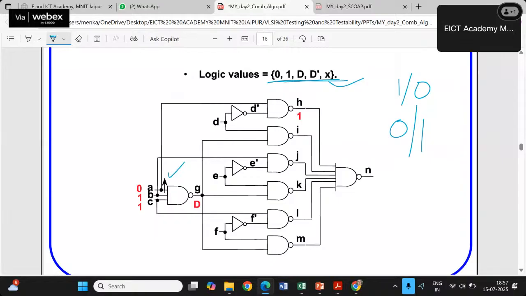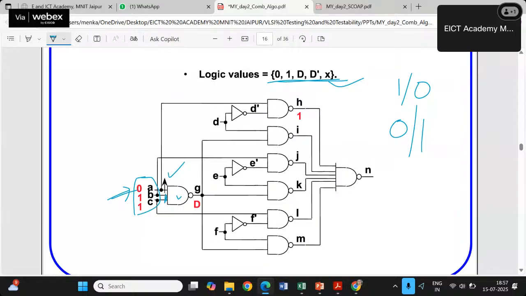First of all, I have to activate this, so I need to make A equal to 0. Next I have to make the other two inputs B and C non-controlling. Since this is a NAND gate, the non-controlling value for NAND and AND are both the same, 1 1. So ABC will be 0 1 1.